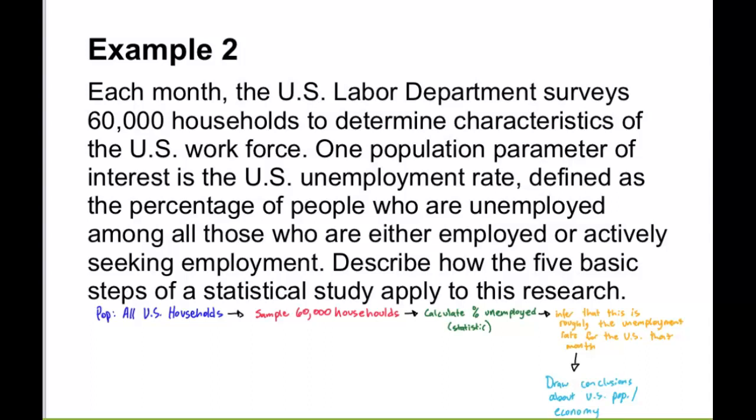Right, so those are our 5 steps. We start with the population, we take a sample, we calculate our statistic, we use that to make inference about our population and draw conclusions. All right, sorry, that's pretty small.